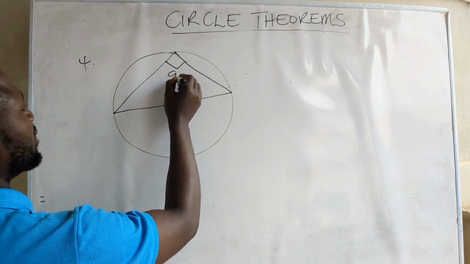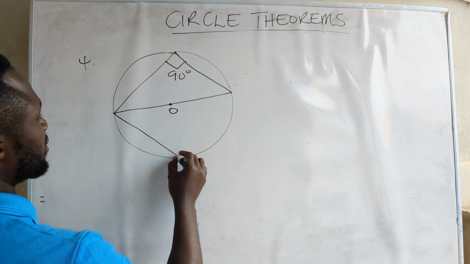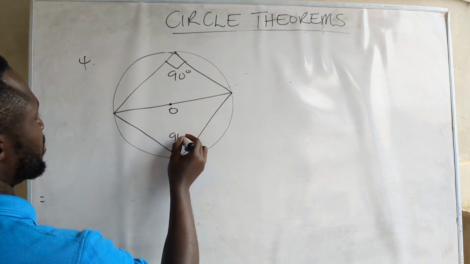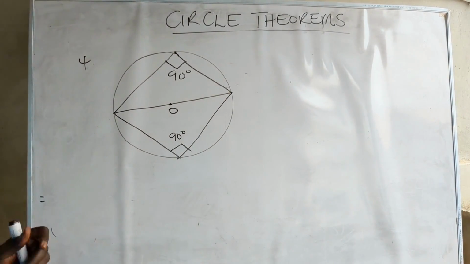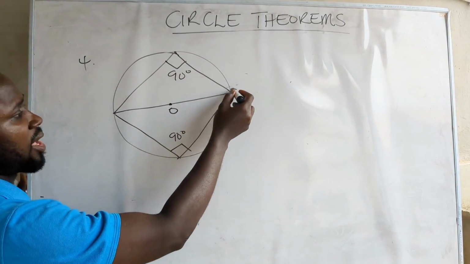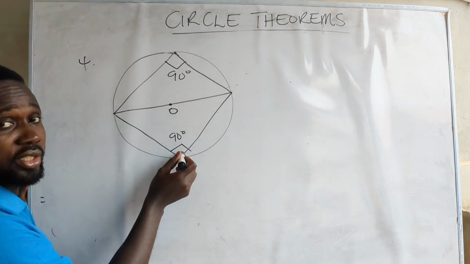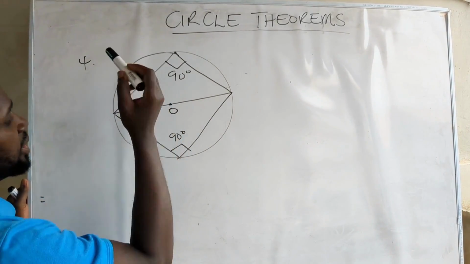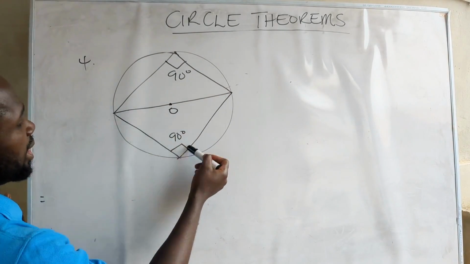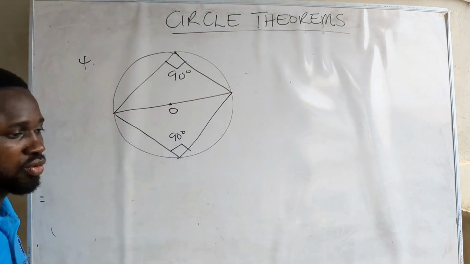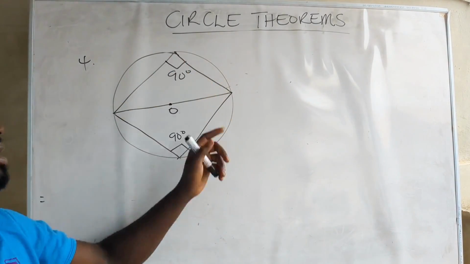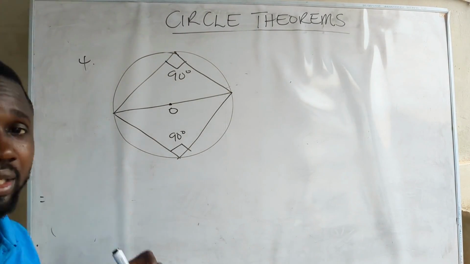So here it's 90 degrees. Here is going to also be what? 90 degrees. Because this is a diameter and the angle is obtained at the circumference here. And because this is also a diameter, the angle at the circumference will be 90. So an angle that's obtained at the circumference of a circle from a diameter is equal to 90 degrees.